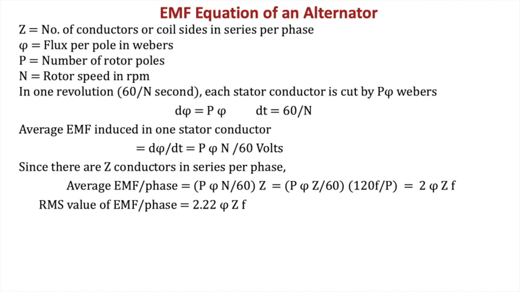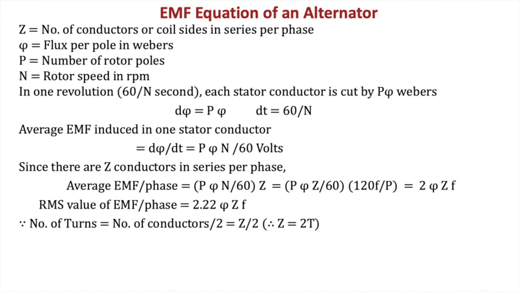So the RMS value will be the average value into the form factor, that is 1.11 for a sine wave. So the RMS value will be 2.22 phi Z f. Now the number of turns is equal to the total number of conductors divided by 2.